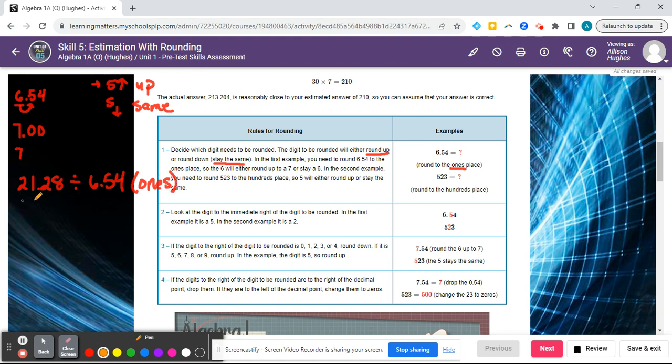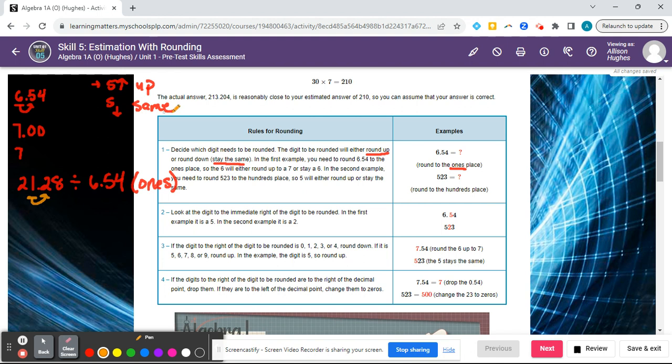So if you look at our number 21.28, the number in the ones place just to the left of our decimal is a 1. So we need to decide whether we're going to keep that 1 the same or round up. So look to the right of that number. 5 or higher, round up.